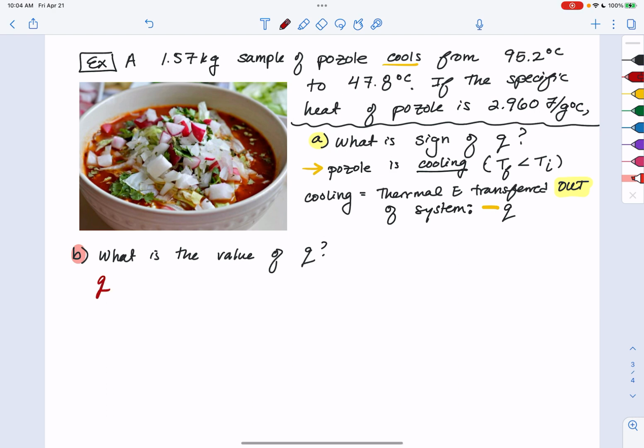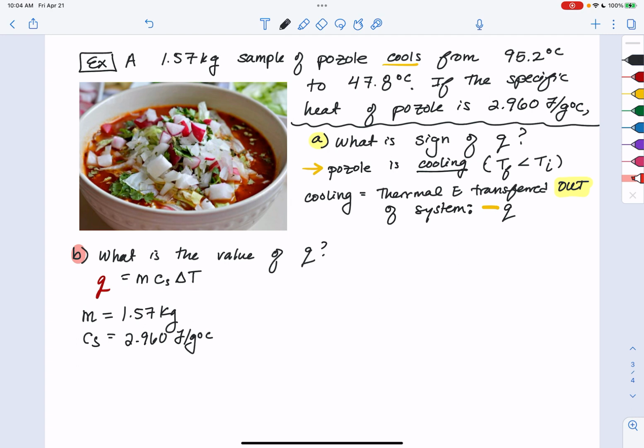Q is equal to m c, which is our specific heat capacity, delta T. For our mass, let's look in our problem. Right up front, a 1.57 kilogram sample of our pozole is given. C, our specific heat capacity, C sub S, is also given as 2.960 joules per gram degree centigrade.